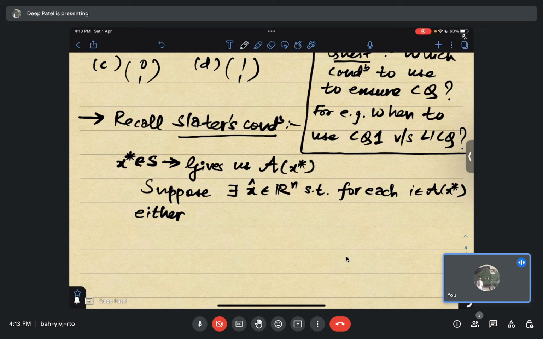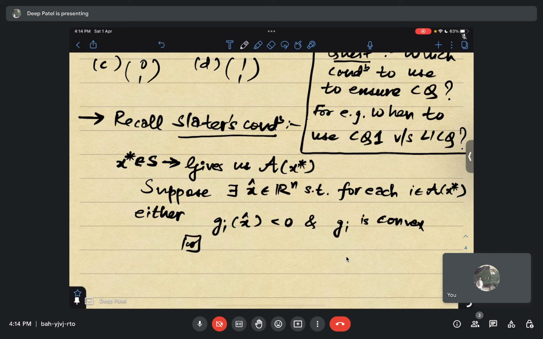Now we are saying that if there is a point x hat such that for each of these active constraints, in a manner similar to what we saw in CQ1 but instead of the gradients, either the constraint is convex and inactive, or g_i of x is less than or equal to 0 and g_i is affine.